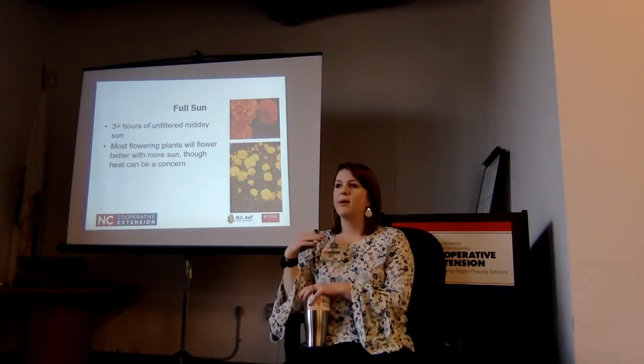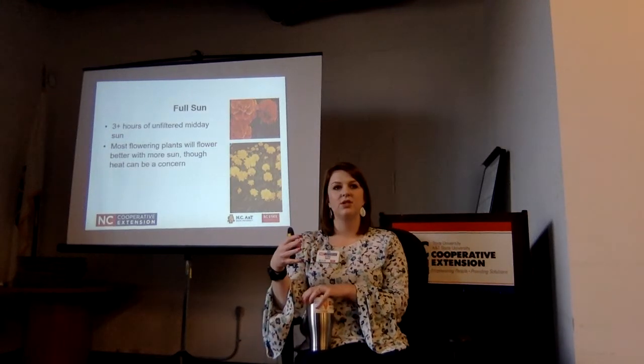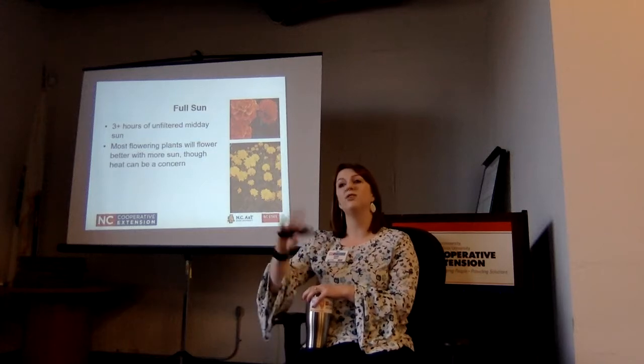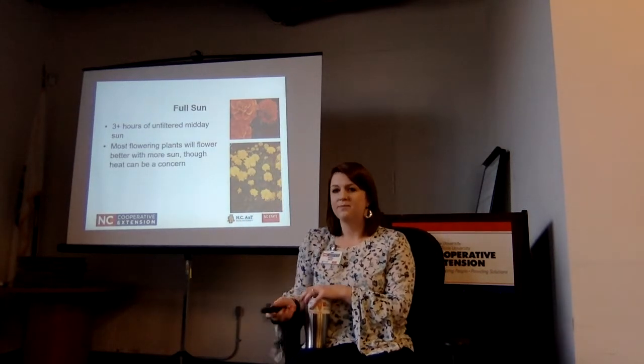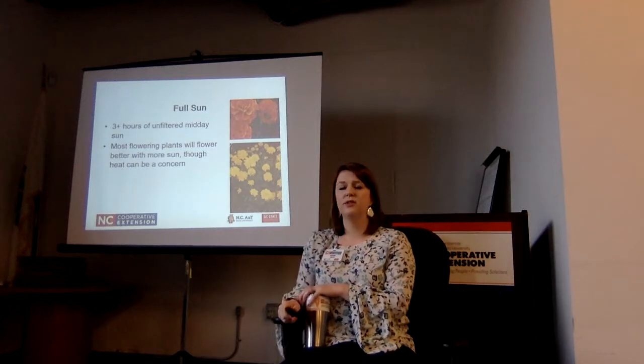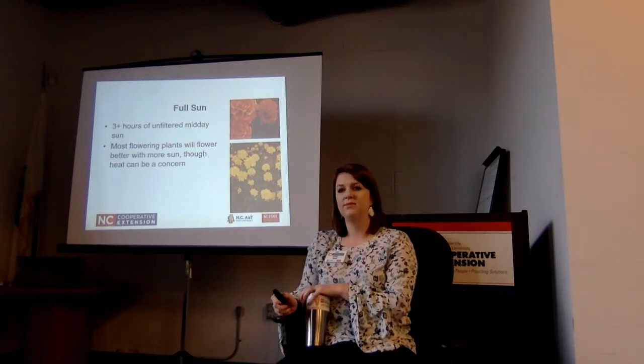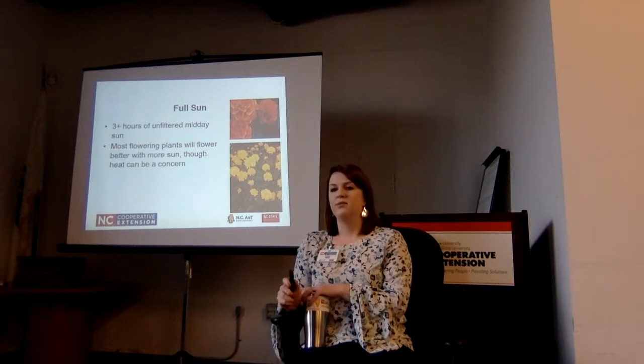And so for that flower production to take place, a lot of times, that's why you need sunlight. Even thinking about your vegetable plants, vegetables need full sun because they flower. So again, full sun, 3+ hours of unfiltered midday sun.